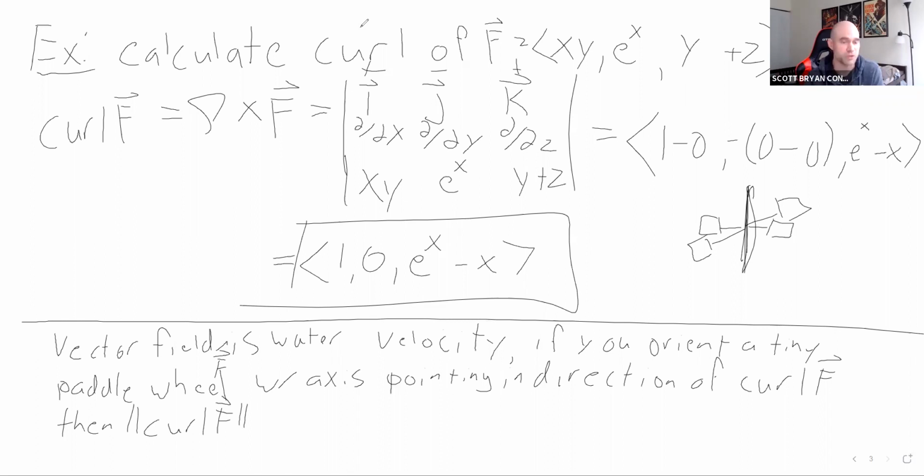So curl of F is a vector, and the magnitude of curl of F gives you the rate of rotation.